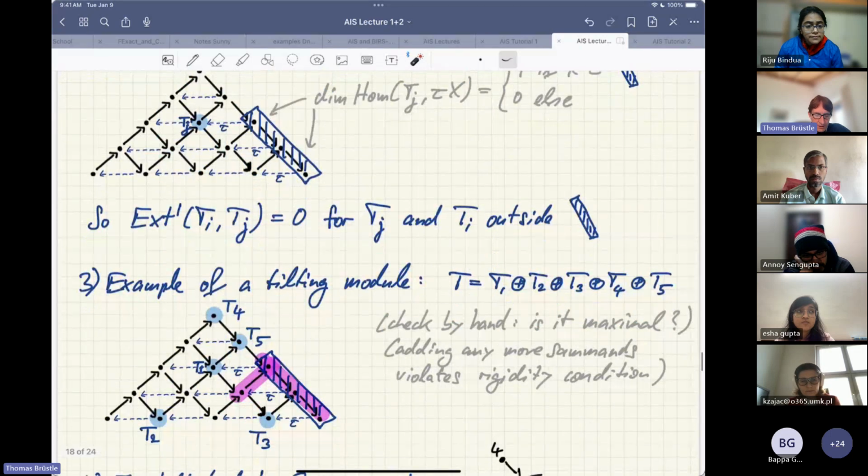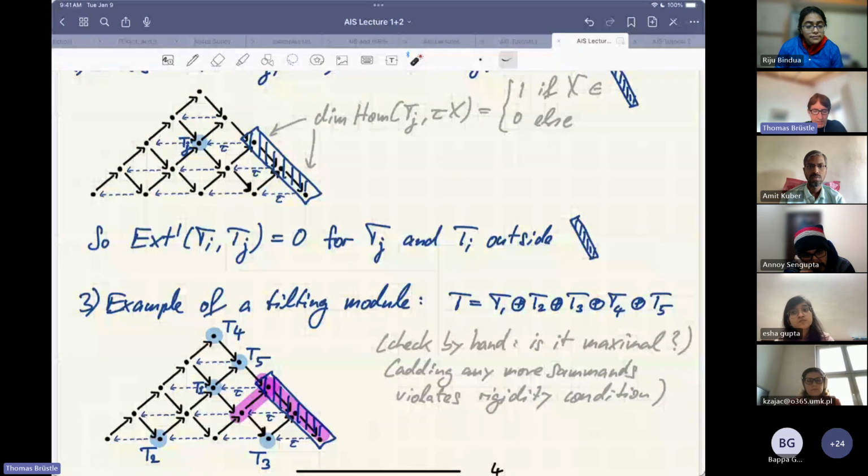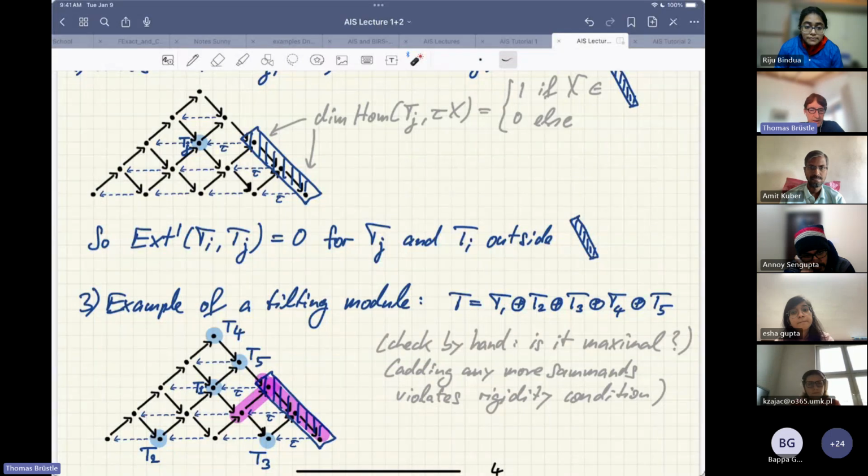So I did some picks already. I picked an example of a tilting module, so I stick with my first choice here in the middle. This was our Tj, and then I can pick a second summand, say T2 here. For the second summand, I always have to control Hom of the summand into tau of somebody.